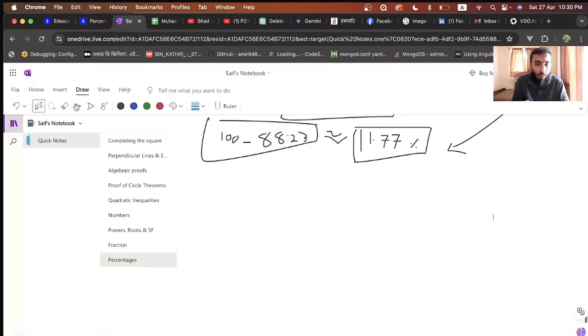So the formula given is pressure is force by area. So the force given is what? 70 newtons. The area given is 20 centimeters square.